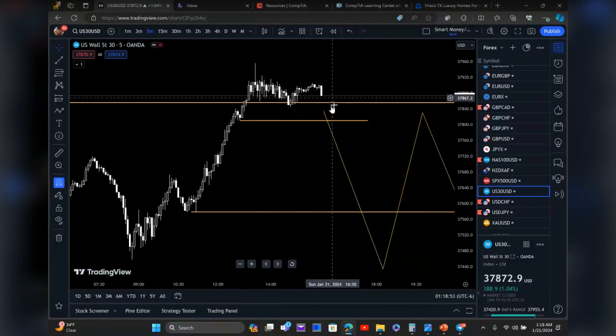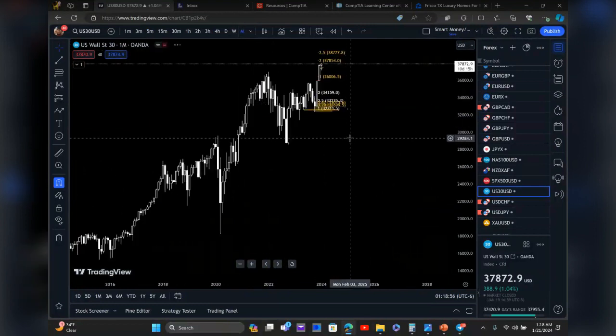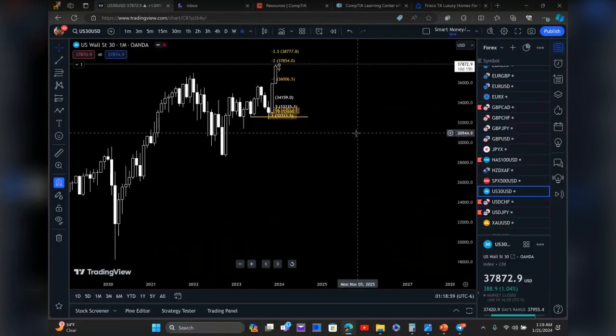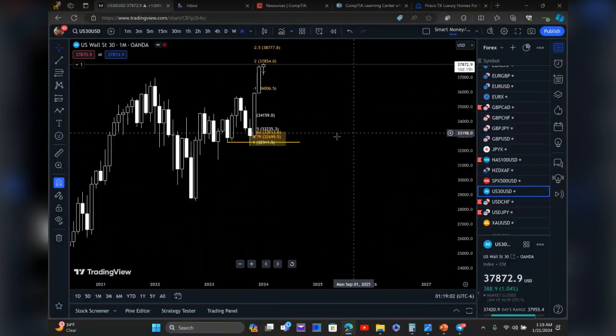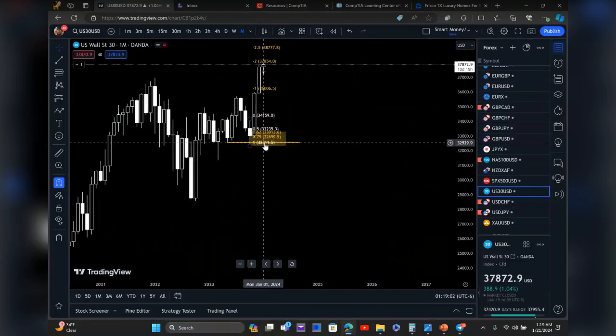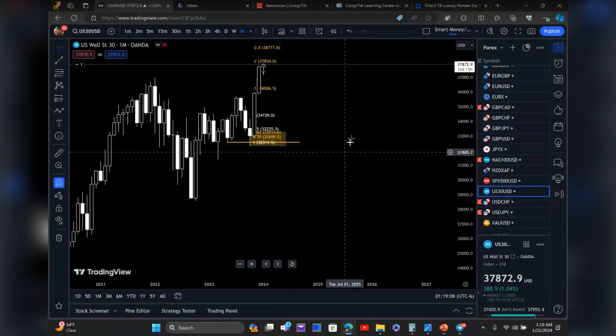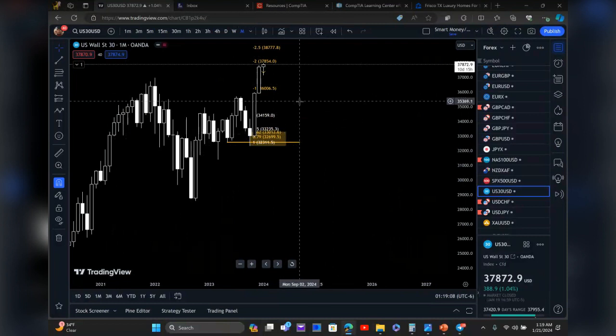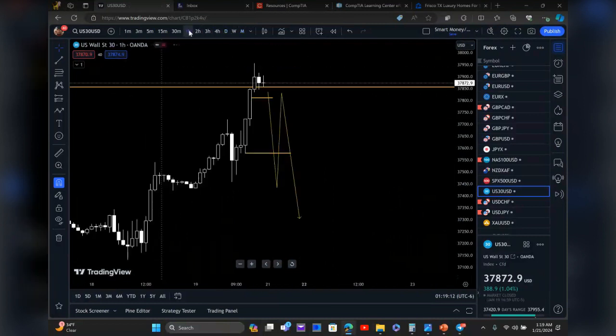Because this does look like it's going to come down, especially looking at this on the monthly time frame. See, it did all this right here. So we're going to keep our eyes on US 30 on the monthly, daily, 1 hour, and see what happens.